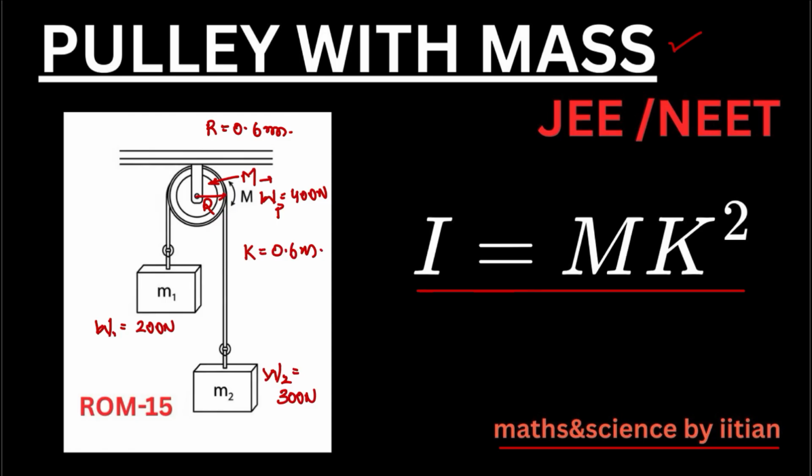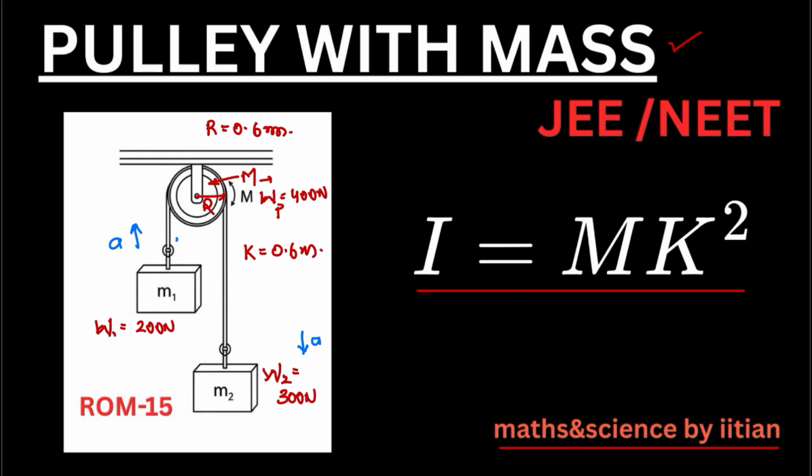Because the string is of the same length, as the string length is not changing, the acceleration of both the masses will be the same, but with direction change. Let us say W2 is moving downwards with an acceleration a, and W1 is moving upwards with an acceleration a.